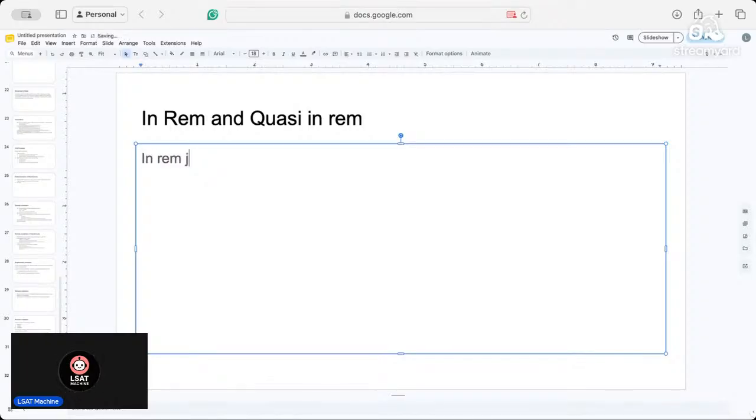So in rem jurisdiction concerns property, real, which is like land and houses, and personal property. It must satisfy requirements for personal jurisdiction.